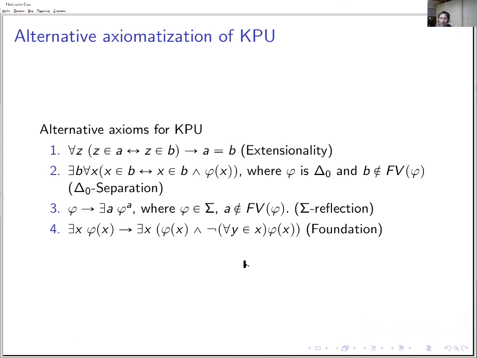And this will give you the same theory. The trick is that by using sigma reflection, it's possible to prove both the axiom of pairing and the axiom of union, and of course the axiom of collection. It's fairly easy, so people who are interested could do it as an exercise.